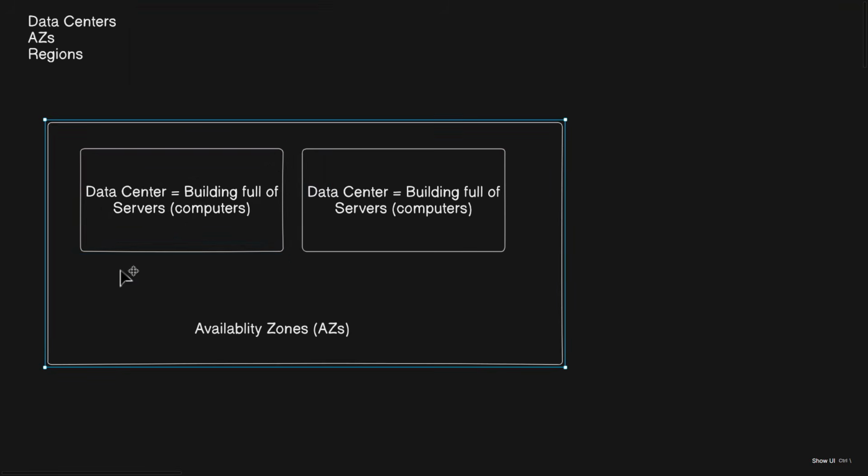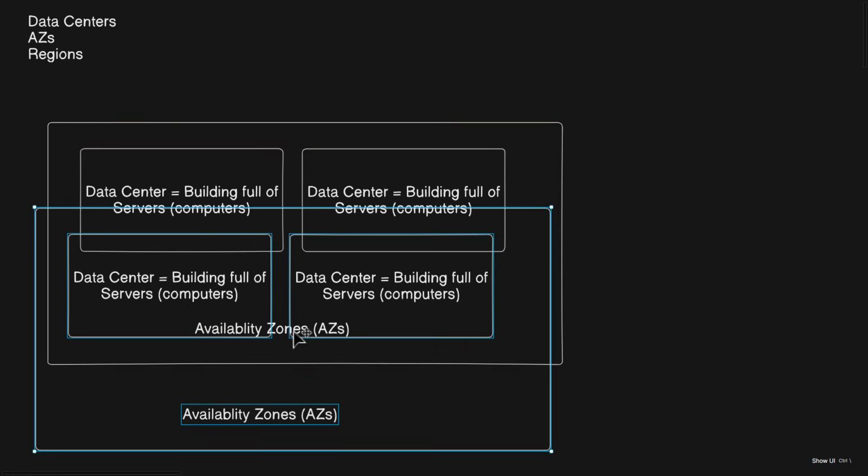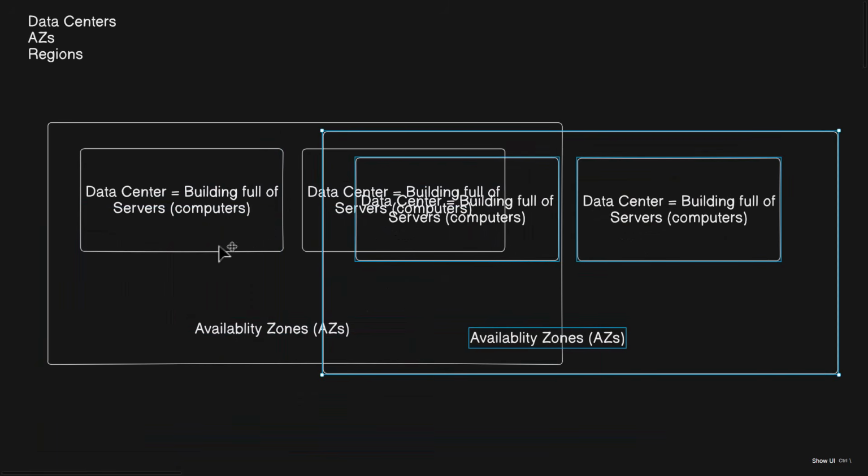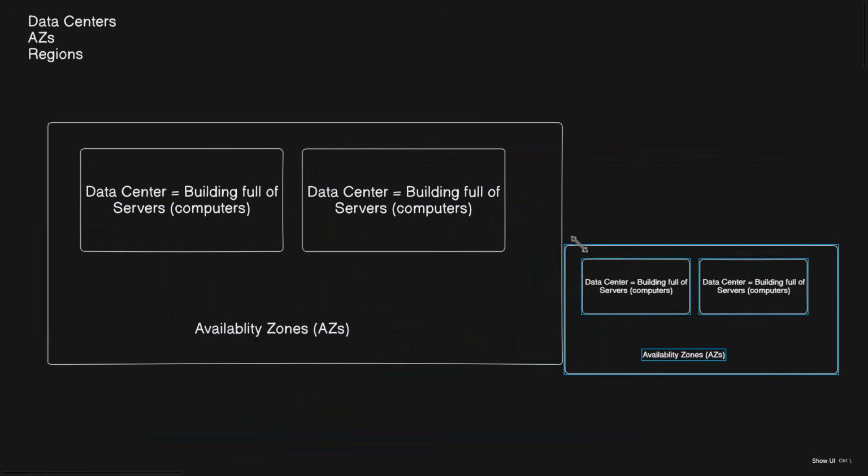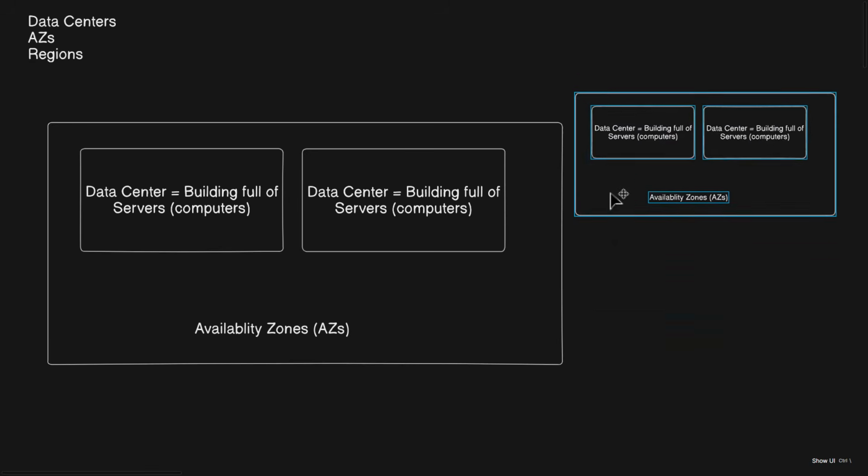Now, multiple data centers are grouped to form an availability zone, and multiple availability zones are grouped to form a region. So I'll duplicate this entire thing like this over here, and I'll reduce the size of this so that it fits in the screen.